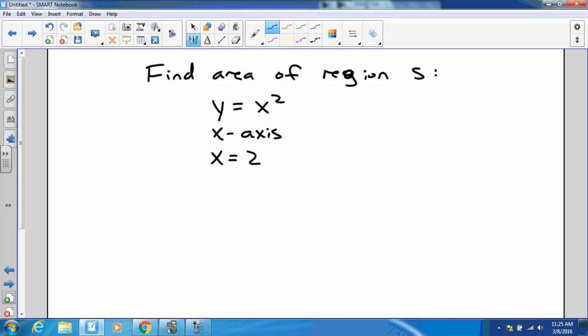And once you have drawn that region, represent its area with an integral. And if you're feeling particularly spiffy, go ahead and evaluate that integral with the fundamental theorem so that we know the exact answer to the question.